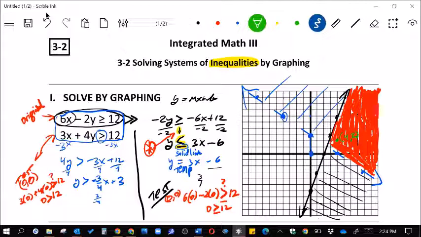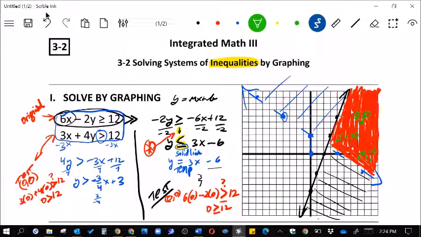If I did 8 and 5, which would be about here, and plugged them both in, those would make it a true statement as well. Even the ones down here, like 9 and negative 1, all of those points and every other point in there will make it a true statement.